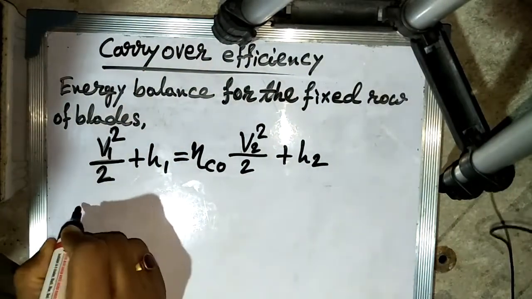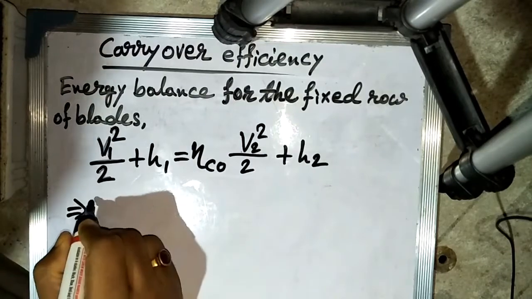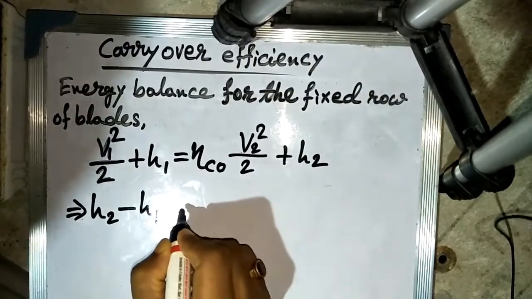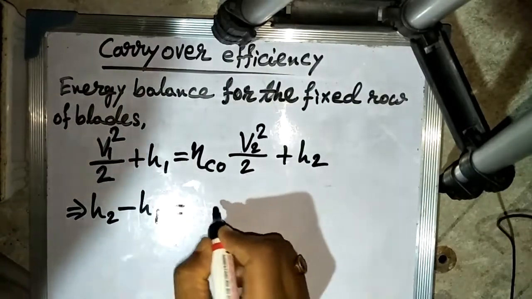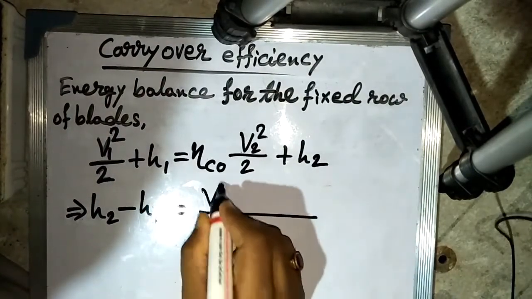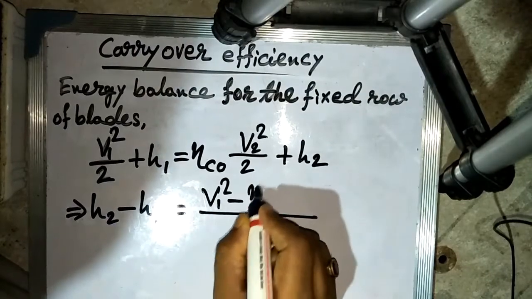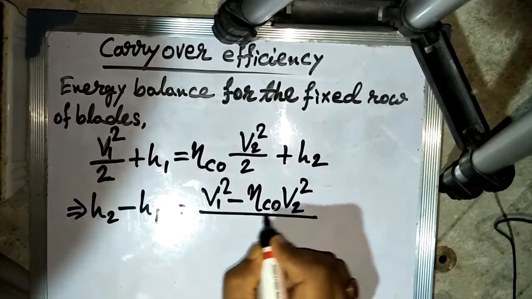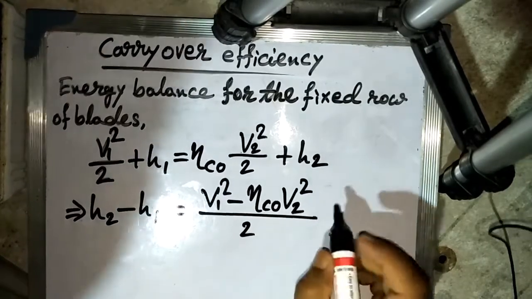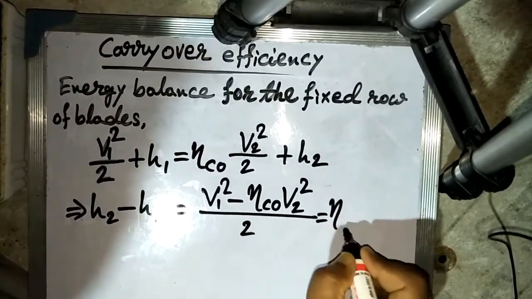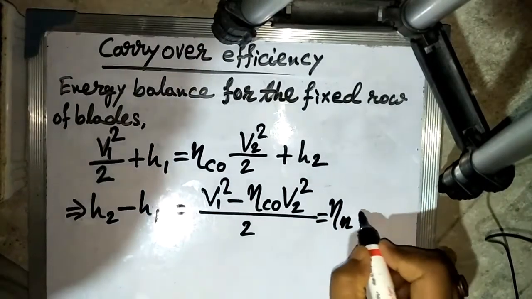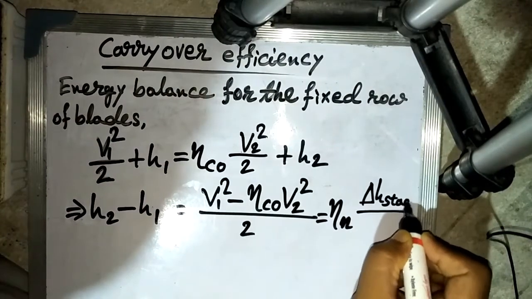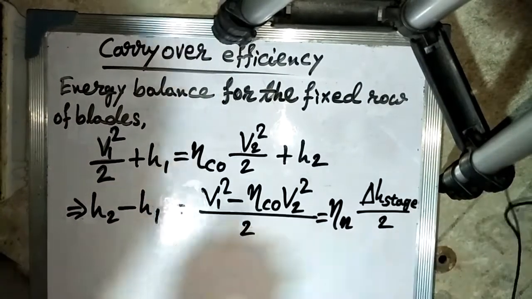By rearranging this expression, we can write H2 minus H1 equals V1 square minus carryover efficiency into V2 square by 2. And that equals eta n into stage enthalpy drop by 2.